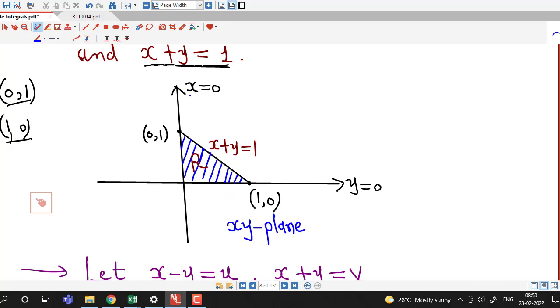For example, the region in the uv plane corresponding to x equal to 0 can be obtained by converting this x in terms of u and v.